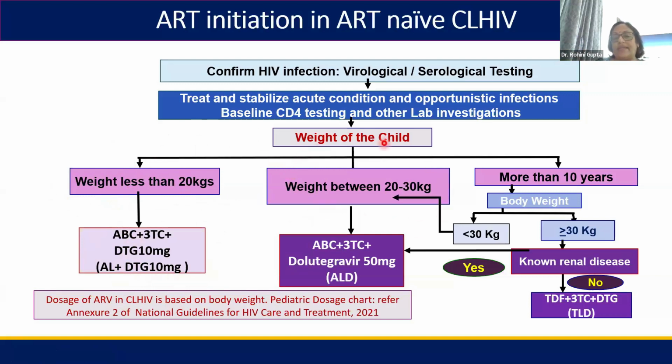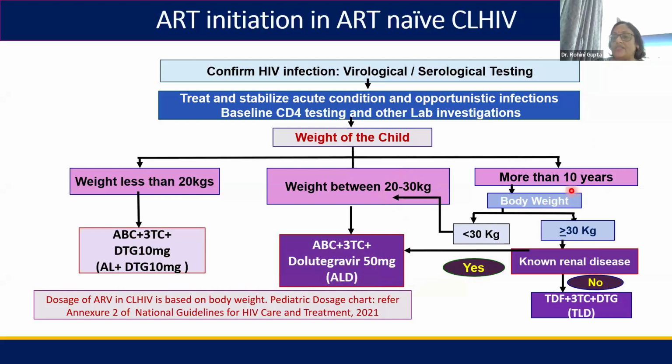Those children whose weight is between 20 to 30 kgs would be given ALD, in which the D is dolutegravir 50 milligrams. So the NRTI backbone, that is AL, will remain the same, but because DTG 50 milligram tablets can be given between 20 to 30 kgs, the ART regimen would be AL plus DTG 50.